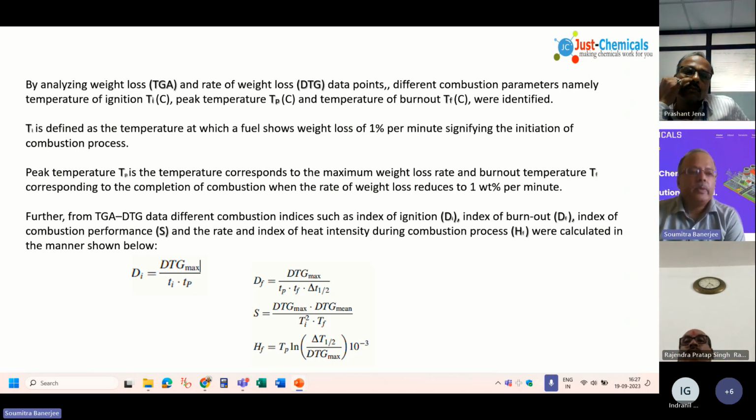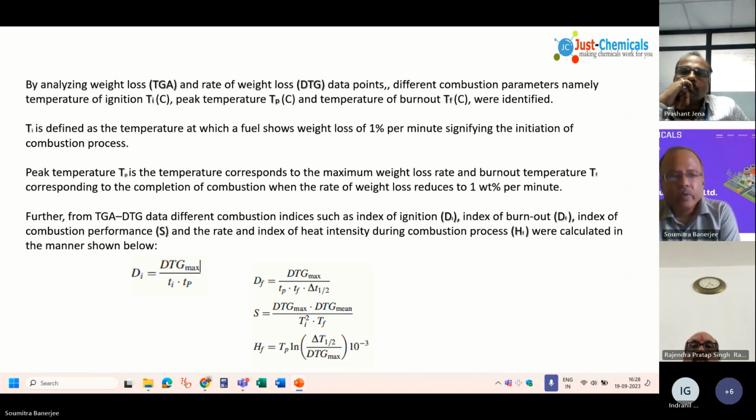So TI, temperature of ignition, is defined as the temperature at which fuel shows weight loss of 1% per minute and signifies the initiation of combustion process. Peak temperature TP is the temperature corresponding to maximum weight loss rate, and the burnout temperature corresponds to the completion of combustion before the charring, when the rate of weight loss reduces to 1% per minute.